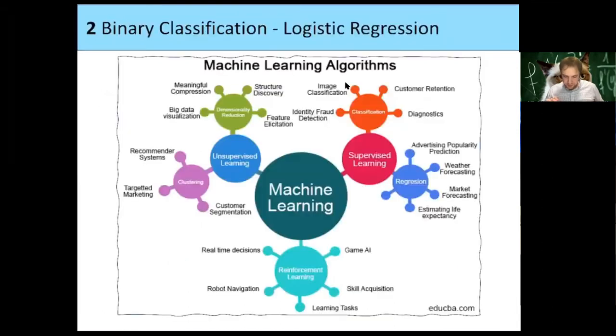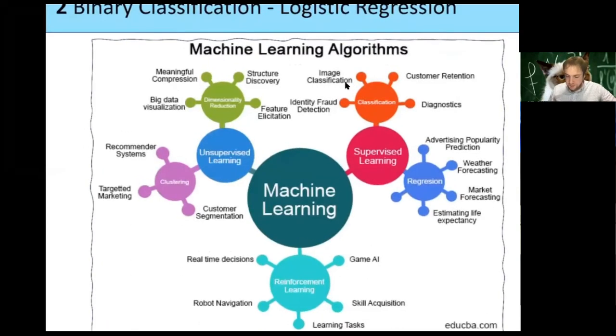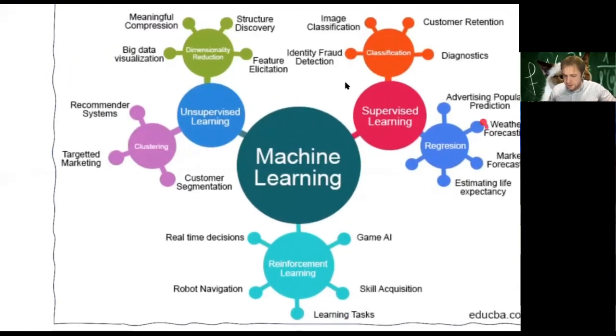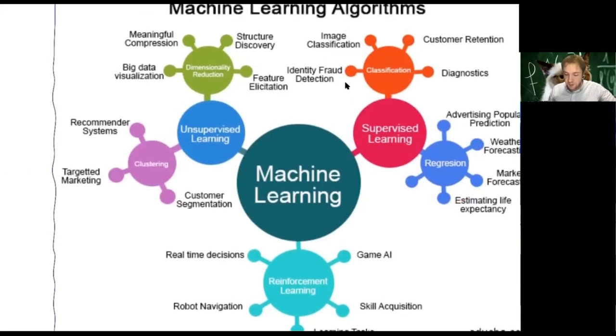Okay, so now next section. What we did now, this linear regression, and there are also a lot of variants of this linear regression. So this part here is supervised learning. What we want to do now is give one example of classification.